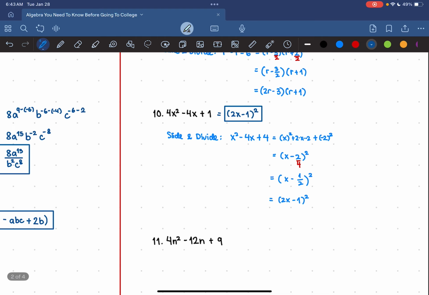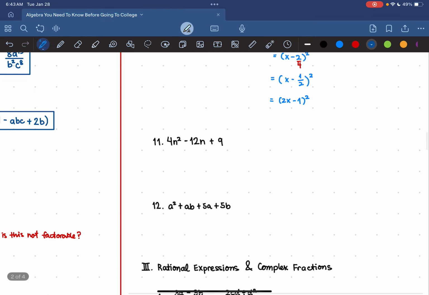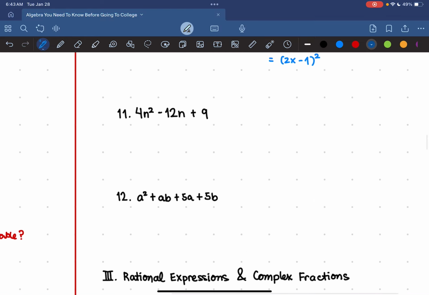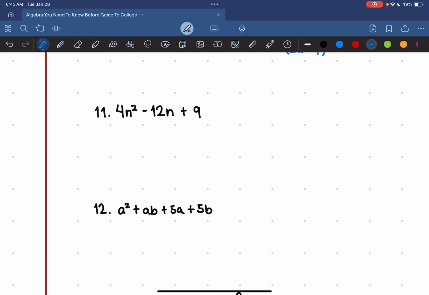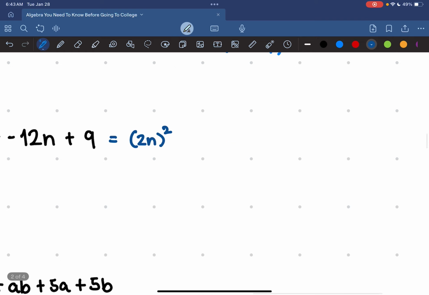So there we go. And so last 2 items. For this first item, just take note that you can apply slide and divide here again, but alternatively, there are cases that when you immediately notice that this one is a perfect square trinomial, you can immediately start with that one. Because for this one, you can view the first one as 2n squared.